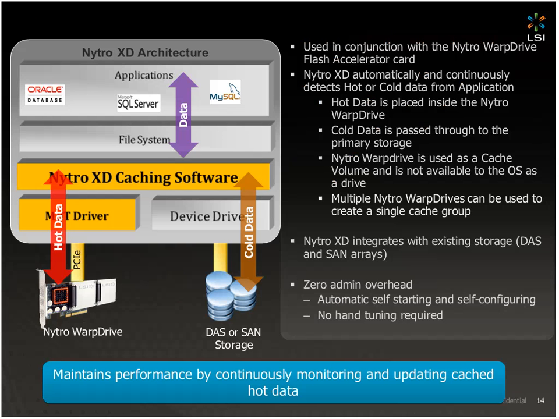So in the stack, you have a database on the top, you have a file system, you have our Nitro XD caching software, and then the WarpDrive board. For any read to the disk system, we determine if that's hot data or not by the number of times that block is read. Any hot data will reside on flash, on the WarpDrive. Cold data is just passed through.